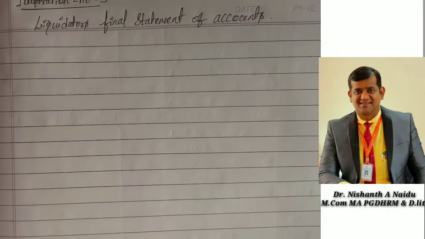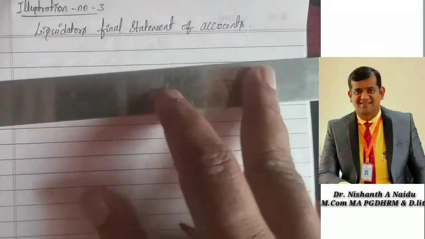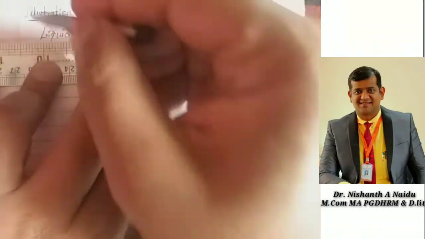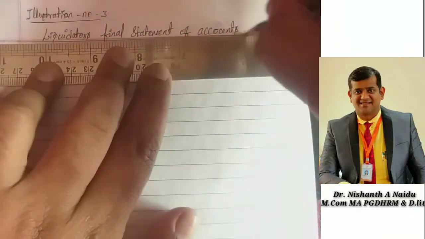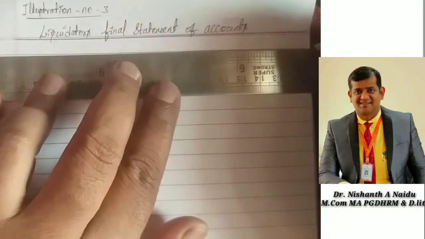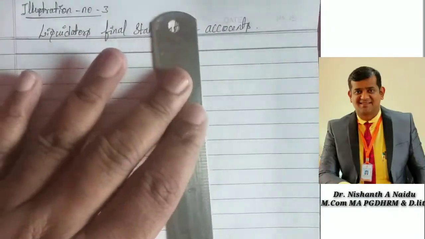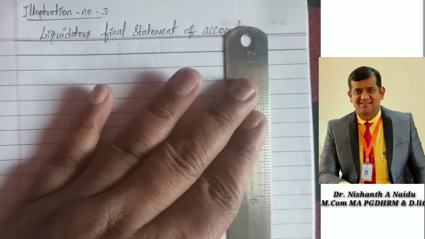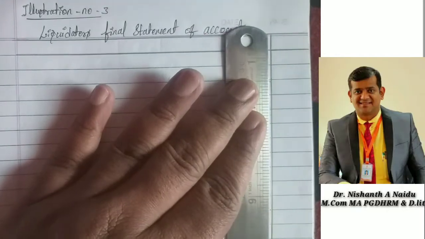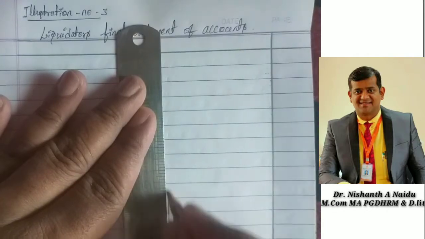So now open the table. You know the table, right? Yes, open the table. It is a normal ledger account you have to open, which will consist of two sides. I'm directly taking half a page, so the solution will come to nearly half a page.